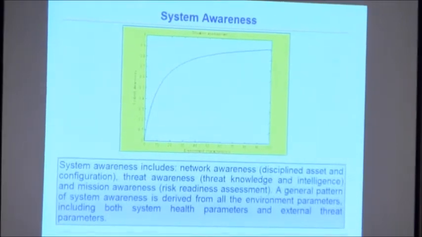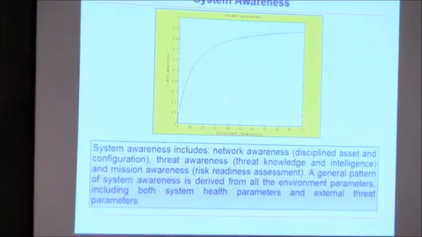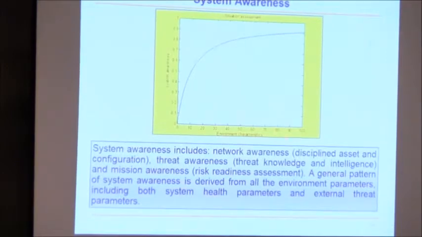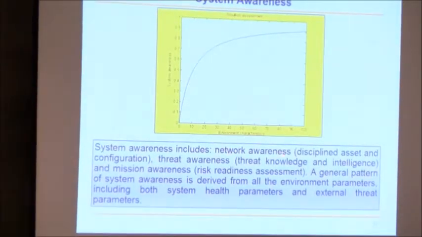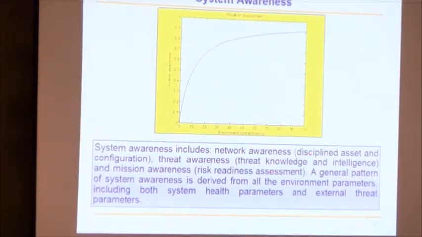Just to explain better this concept, I will show some results that we have. This is quite a summary of what happens in practical systems. How does this level work? When we introduce in the environment characteristics the network awareness, the threat awareness, and mission awareness, we obtain a system awareness that goes from zero when we have no knowledge of these basic parameters to 1 when we have a deep knowledge of these parameters.